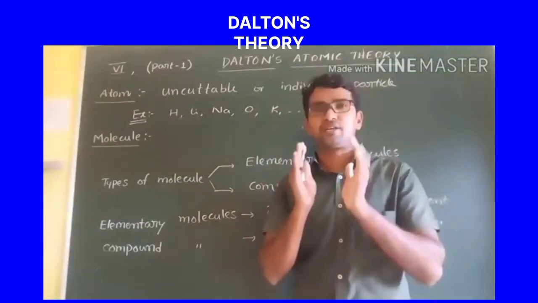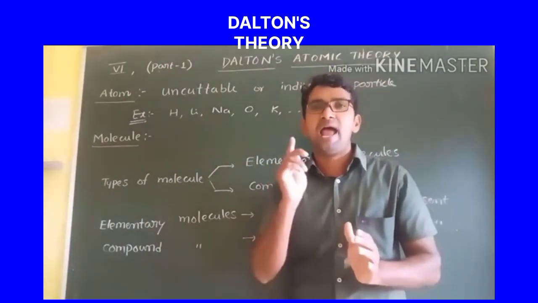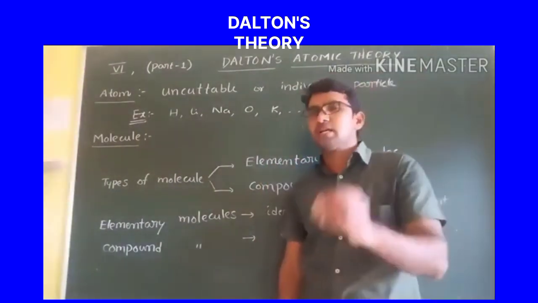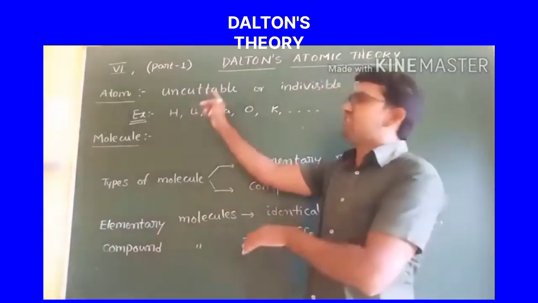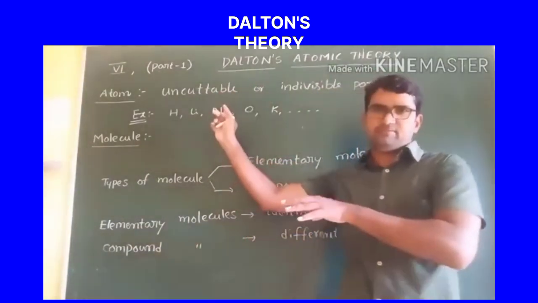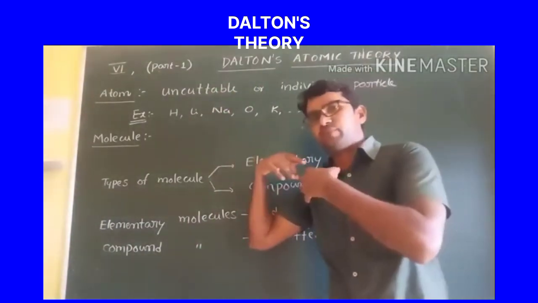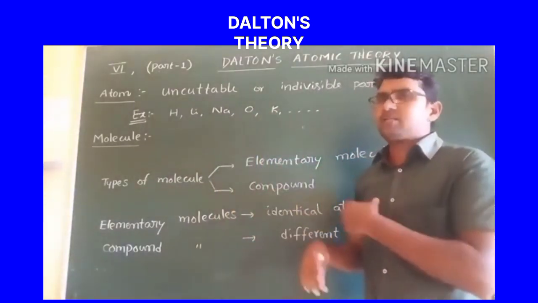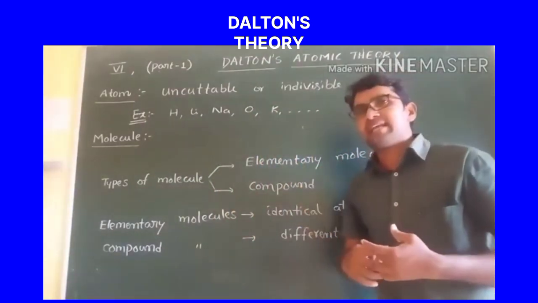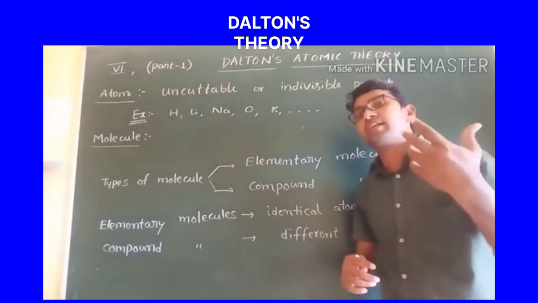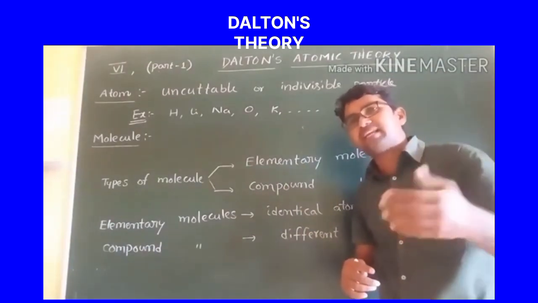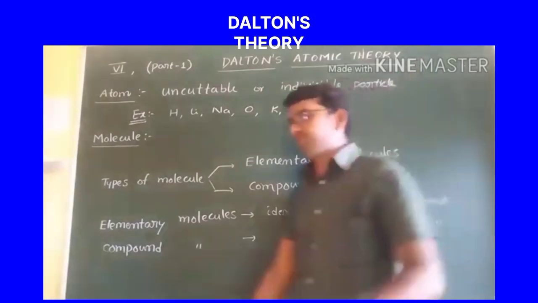Those particles are called subatomic particles. Subatomic particles means simply that this definition is not correct, but still we are following this definition. But the atom contains a number of subatomic particles present inside the atom.